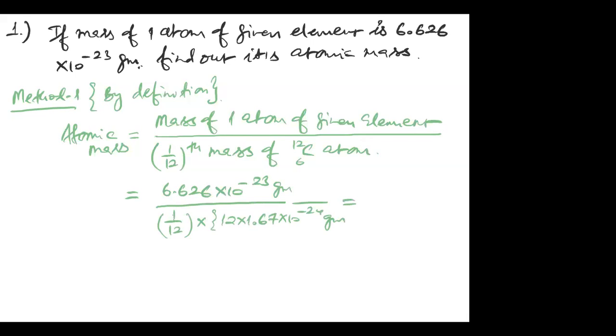So obviously this 12 and 12 will cancel out. So it is effectively 6.626 into 10 to the power minus 23 divided by this, and comes out to be approximately 40. So you can simply say 40 should be atomic mass of given element. So this is method 1.